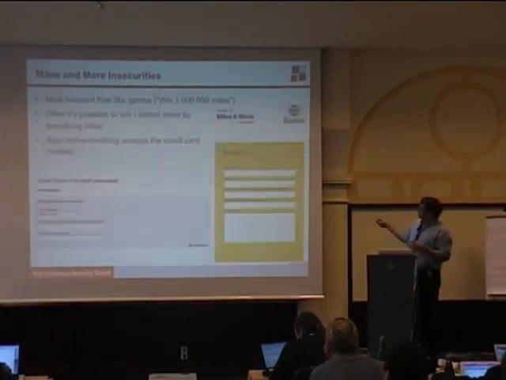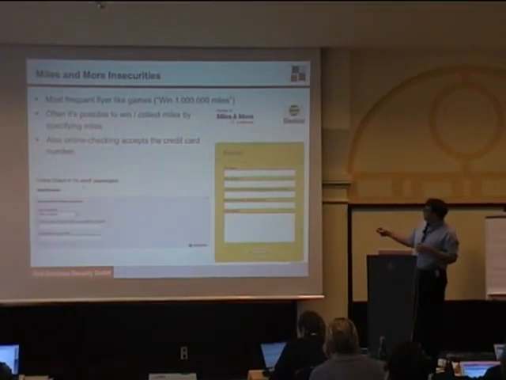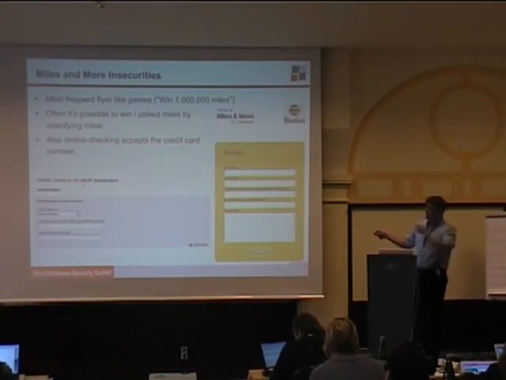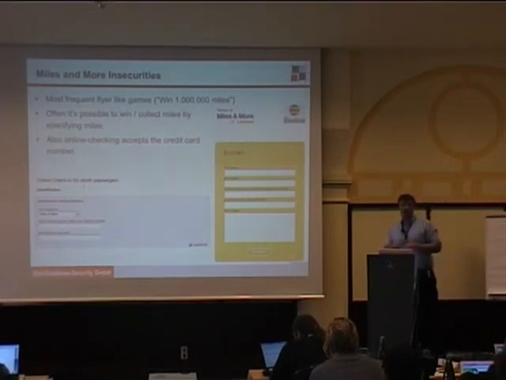So for example here, there's also a game. Here please specify your card number for Miles & More. Or if you do online check-in, you must specify your frequent flyer number. But this is the credit card number. And I expect that people will store all this information in a table unencrypted. That's why if you look in a database, you should always check for frequent flyer numbers.